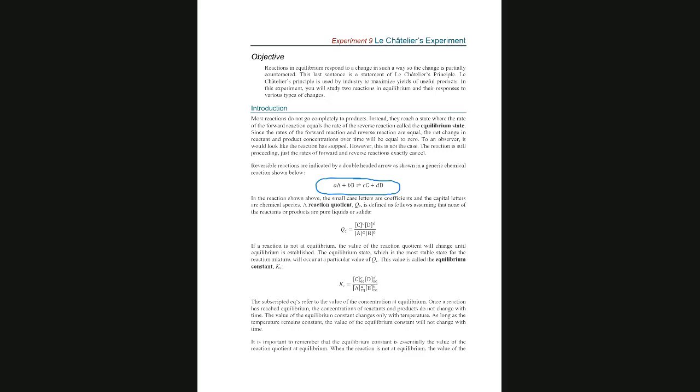It's a continuous dynamic state. But the concentrations, we said, do not change because the rate of producing the reactant is the same rate of the reactant disappearing. And then we saw that in a reversible system, we have an equilibrium constant that is expressed as the equilibrium ratio of the products to the reactants raised to the coefficient in the balanced equation. All this we saw last week.